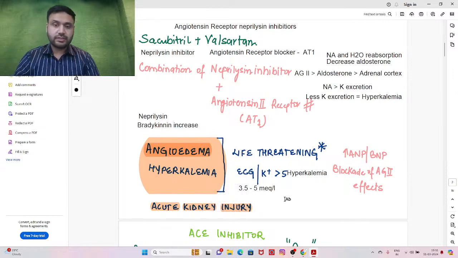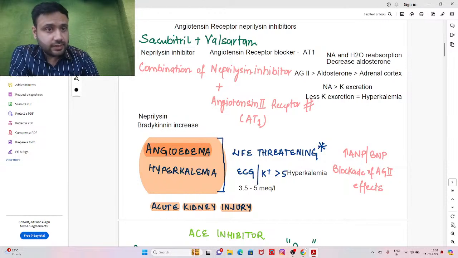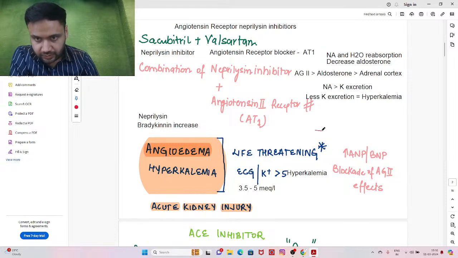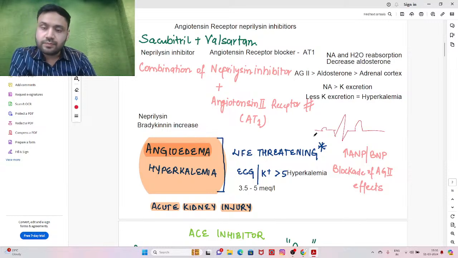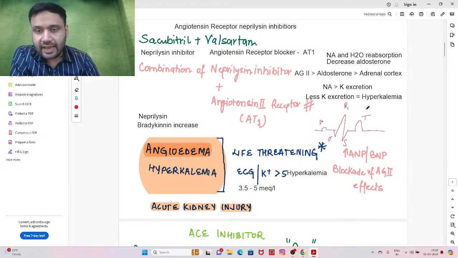How? Let's see. Let's just say this is the normal ECG. And let me draw a few lines. So if this is the P wave, this is the QRS, and this is the T wave. As the potassium rises, it tends to affect the heart.